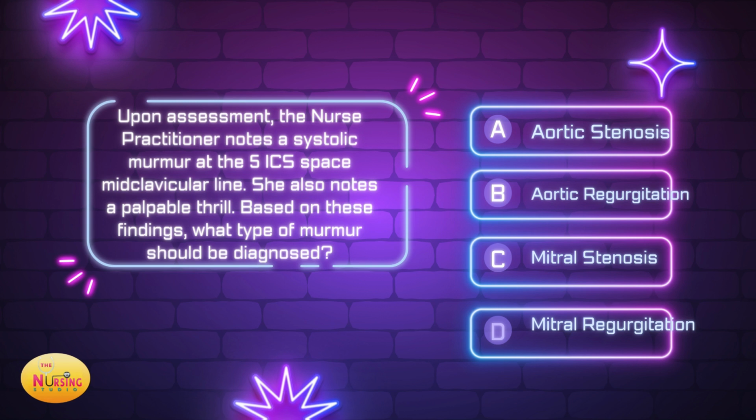But I always say, know the location and know systolic versus diastolic. First off, if you can identify those things, you will be able to answer the question. With systolic murmurs, there are tons of mnemonics, so you go with whatever works best for you.